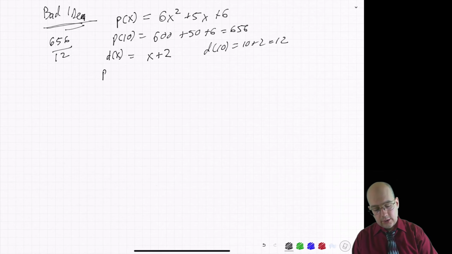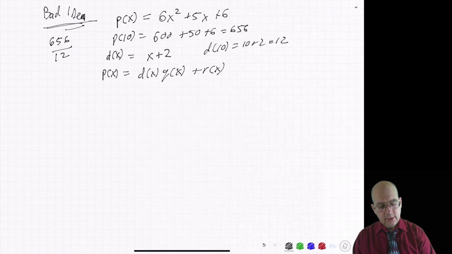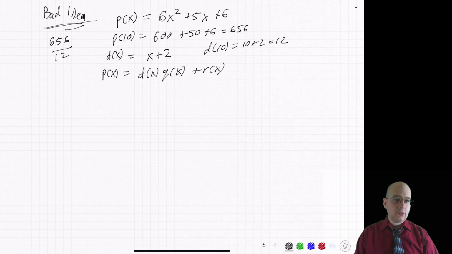So our goal is p of x to be equal to d of x times q of x plus r of x. And more or less, if I plug in 10, I hope that q of 10 gives me the division by 12, and r of x would give me the remainder. It kind of almost does that, but not quite, but we'll see.